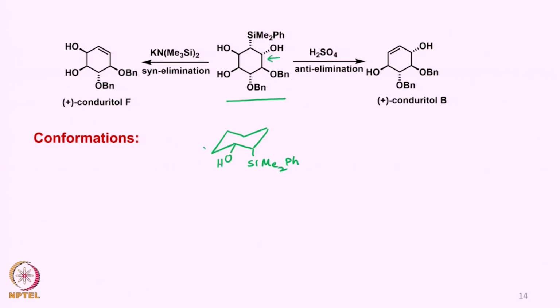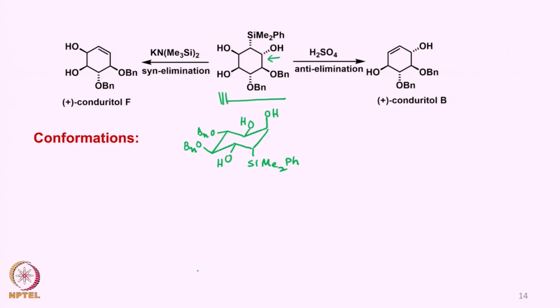Now you can write OBn here, then OBn here, then OH here, and then OH here. This is the conformation of this particular molecule. This is how it would look.